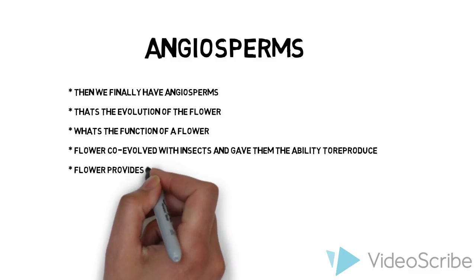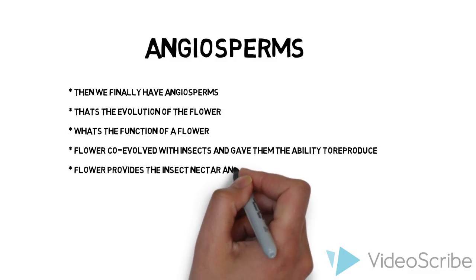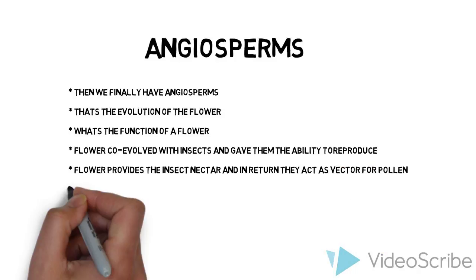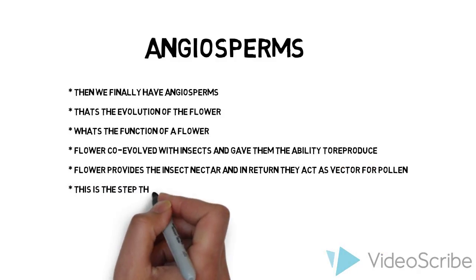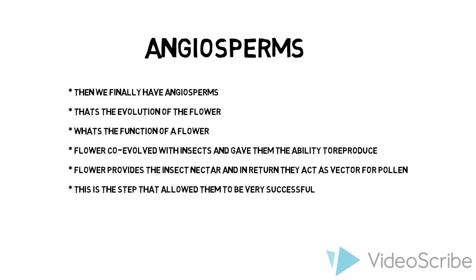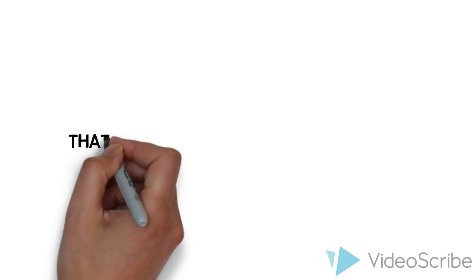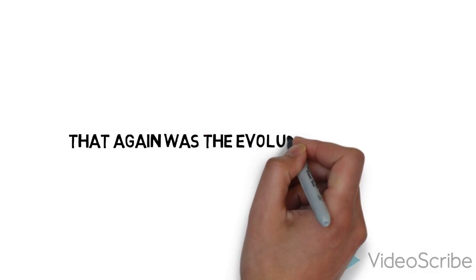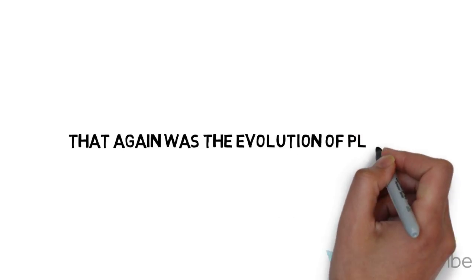Flowers co-evolved with insects and gave them the ability to reproduce. Flowers provide the insect nectar and in return they act as a vector for pollen. This is the step that allowed them to be very successful and dominate the world. That again was the evolution of the plants.